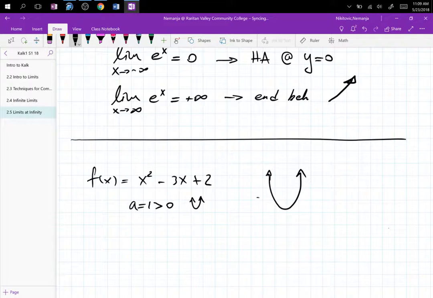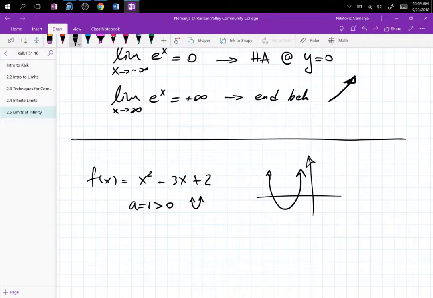You can put the coordinate system anywhere. It really doesn't matter, because this left end will pull forever to the left and up, and the right end will pull forever to the right and up, because the domain is infinite for all polynomials.